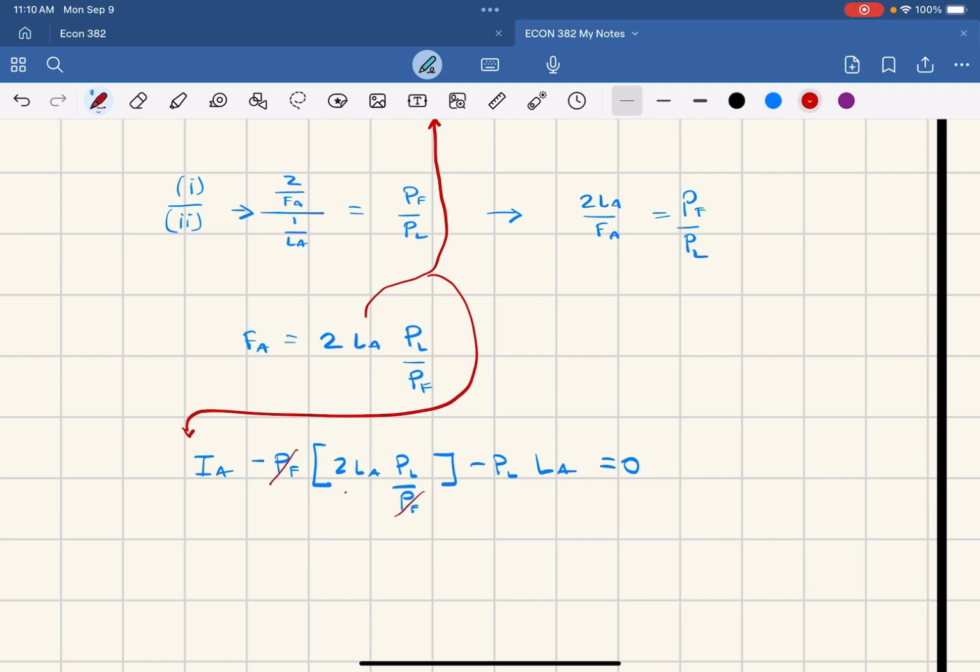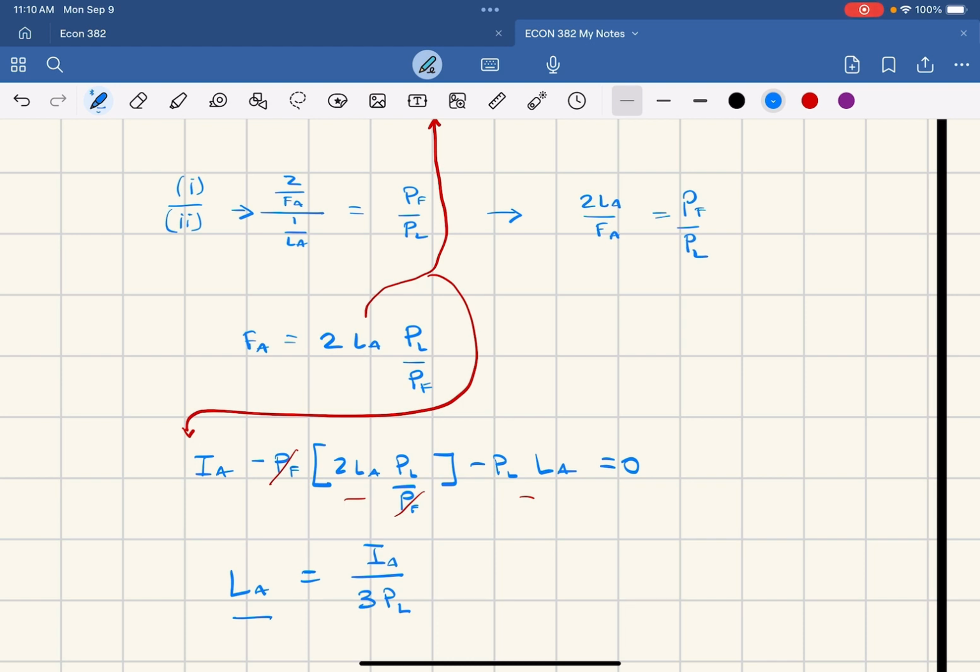So those will cancel, and we have like terms over here. And so I can combine and then solve for LA. And so the number of leaves that Adam consumes is equal to his income divided by 3 times the price of leaves.